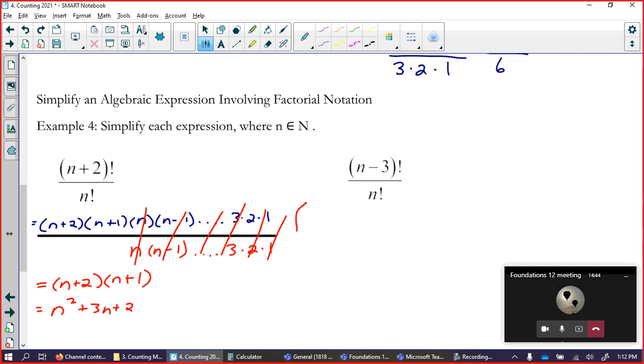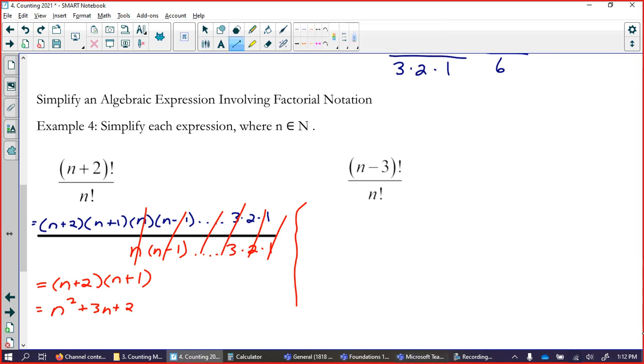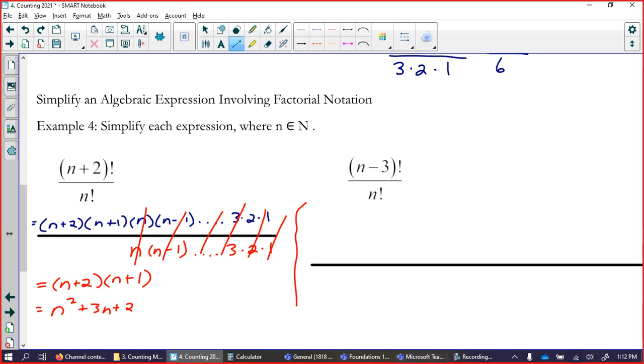So now comes one that's a little bit different. n minus 3 factorial, well, that's going to keep going, down to n factorial. Eventually you're not going to have to write all of these out.